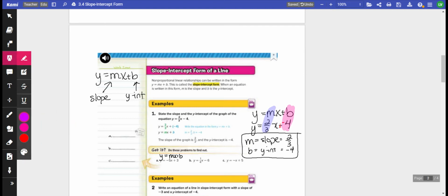I'm going to highlight my slope, which is my m, and in this case is negative 5. Then I'm going to highlight my b, which in this case is 3.